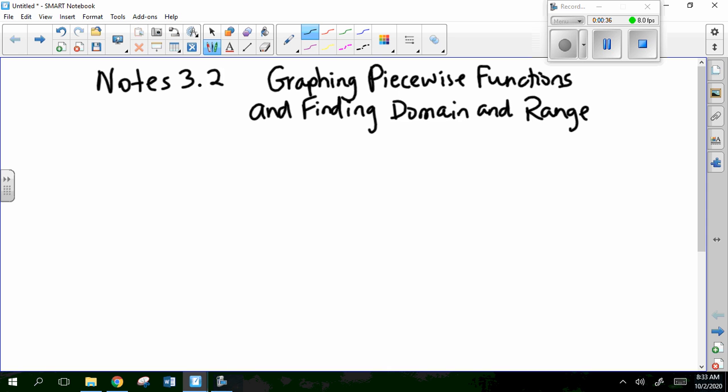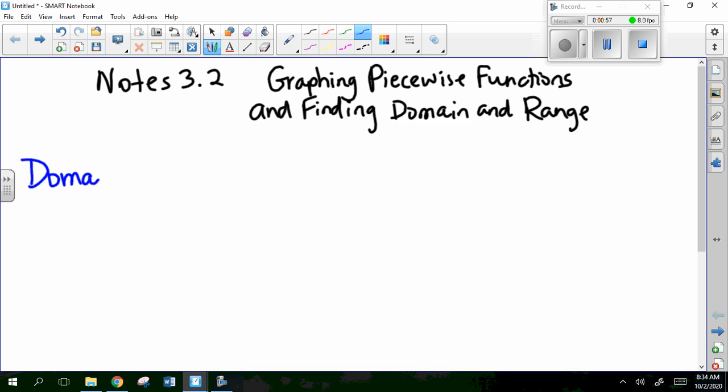It's going to be easier if we start with the domain and range, because once you graph the piecewise functions, you're going to have to tell me the domain and range. Okay? All right, so let's just do a quick review of what domain and range are.